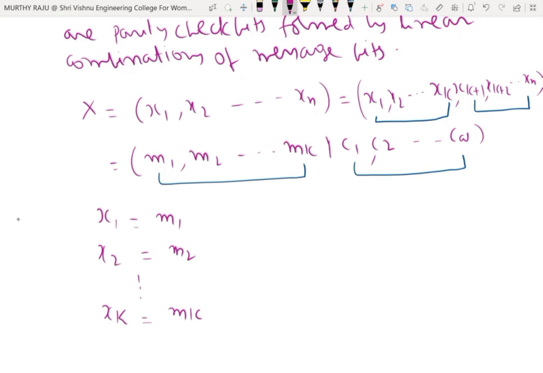The first k bits of the encoded code word X are the message bits.